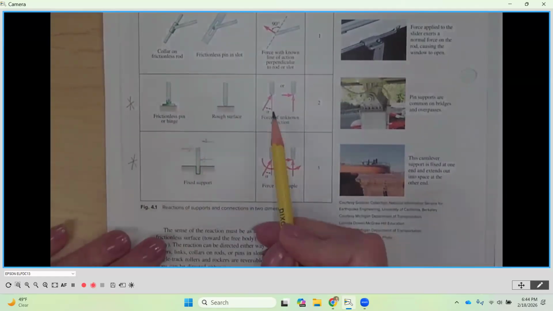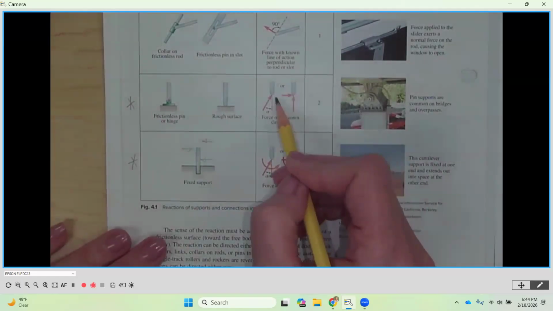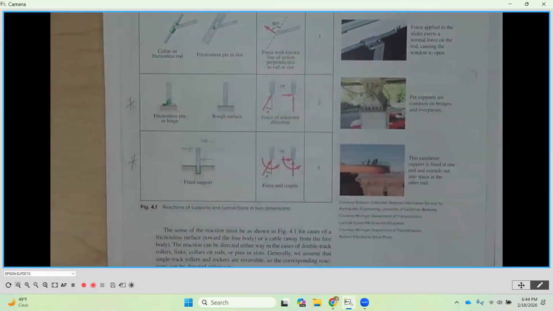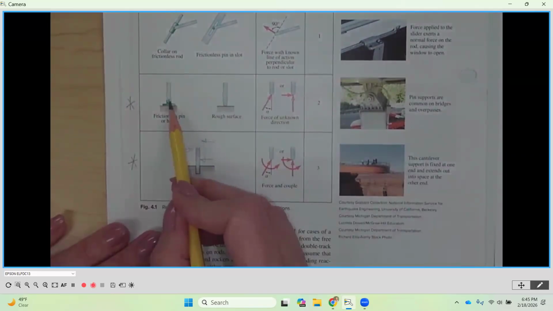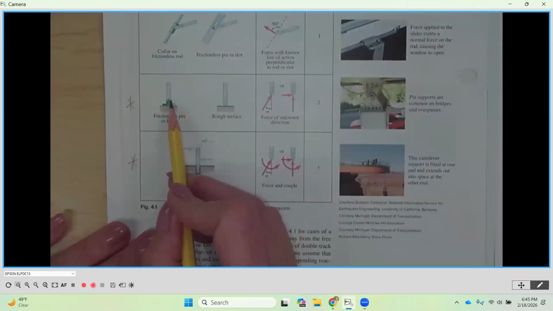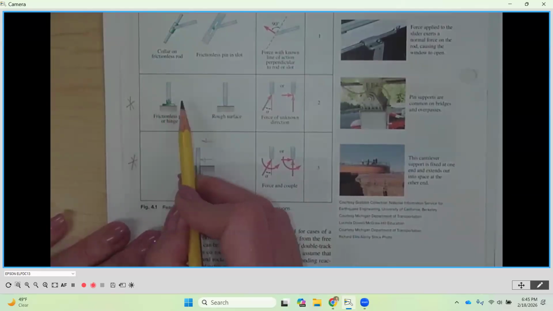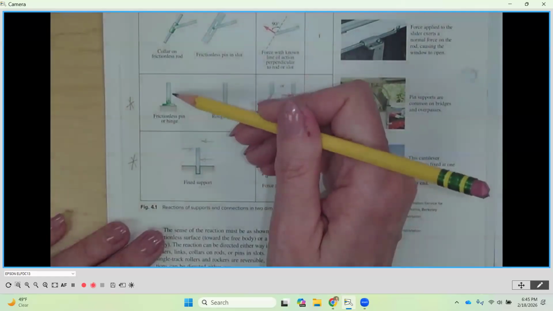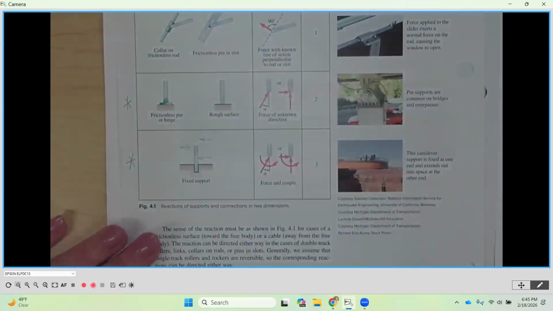A pin connection is always going to have, and we're always going to show it in this orientation, two reactions. It's going to be in an X direction and in a Y direction. The reason is that when we have a physical pin that goes through here, this pin is constraining it from being able to go back and forth, horizontally or up and down. So that means it's supporting in those two directions.